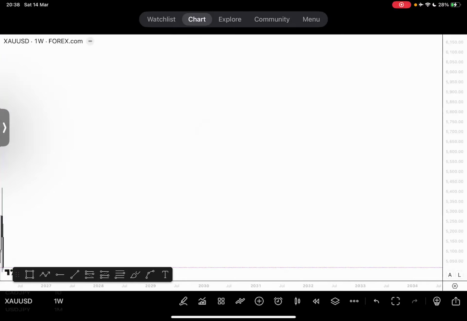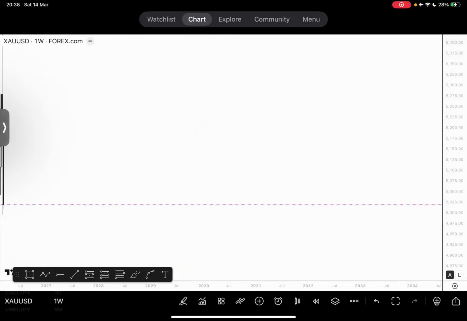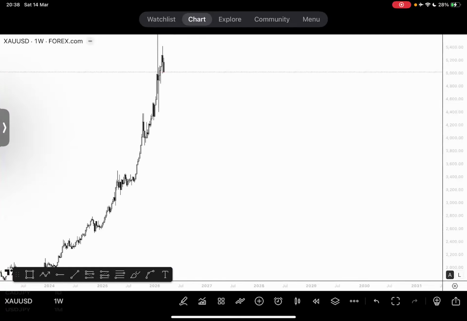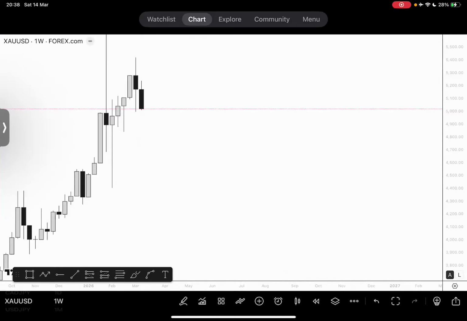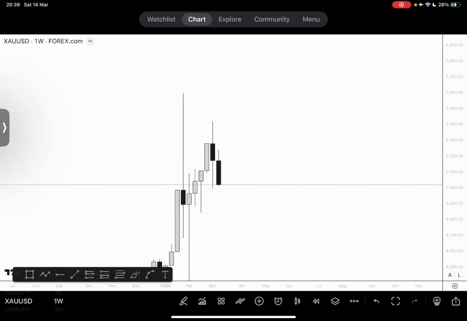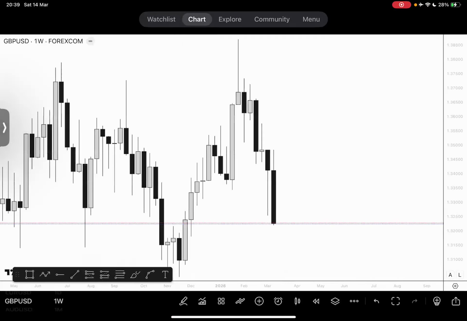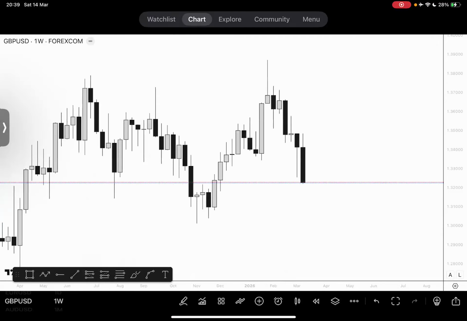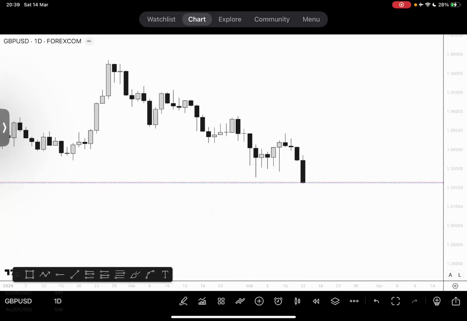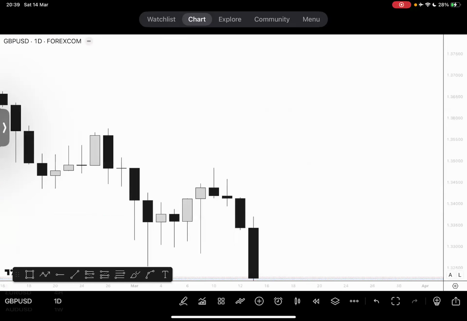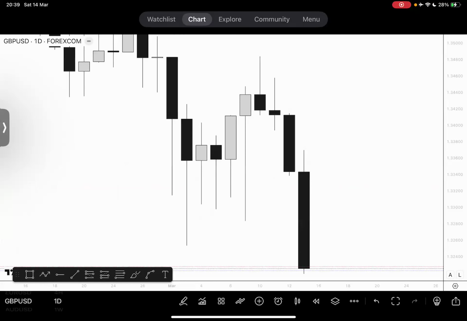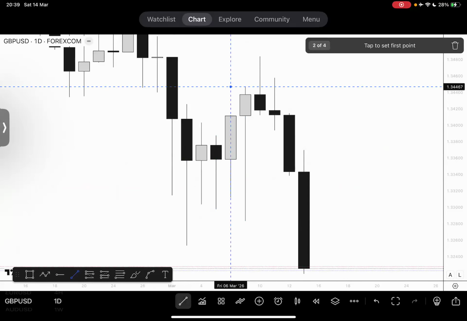We did the same thing with GBPUSD last week, where we had this. So this is a typical example of CLT, where the market will sweep the previous candle's high and close inside the previous candle's body.